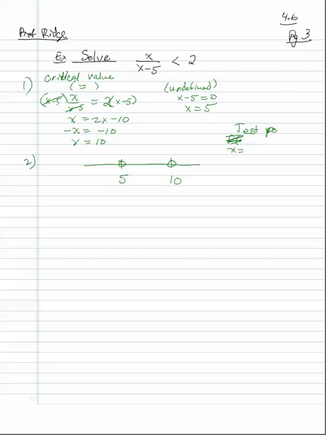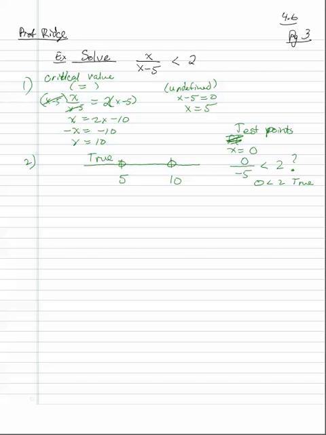So if x is 0, that's in the first interval, 0 over negative 5 less than 2, yes or no? 0 less than 2. That's true. Okay, so the first interval is true.